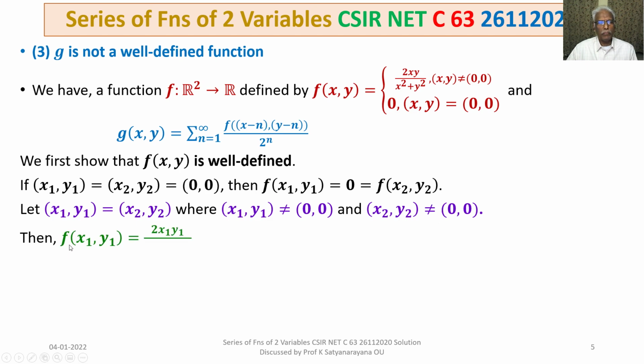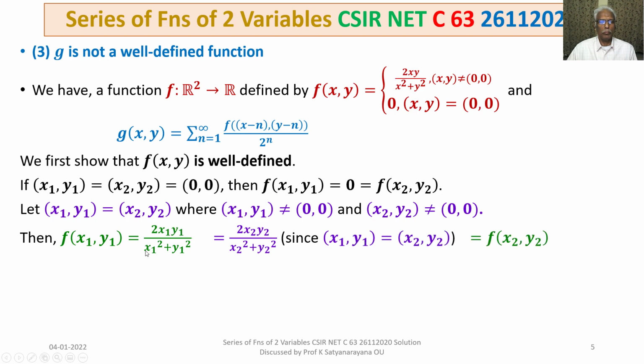Then f of (x1, y1) is equal to, by definition, 2 x1 y1 by x1 square plus y1 square. But we have (x1, y1) is equal to (x2, y2). So x1 is equal to x2, y1 is equal to y2 is substituted, and that will be equal to 2 times x2 y2 by x2 square plus y2 square, and this is equal to f of (x2, y2). Thus we have proved f of (x1, y1) is equal to f of (x2, y2), and this shows that f of (x, y) is a well-defined function.